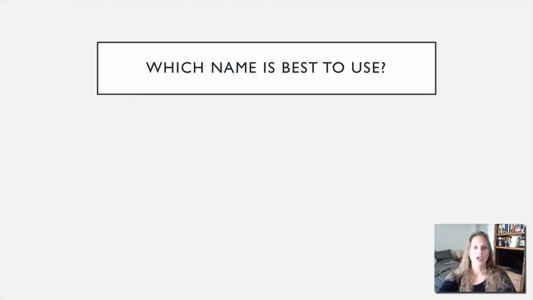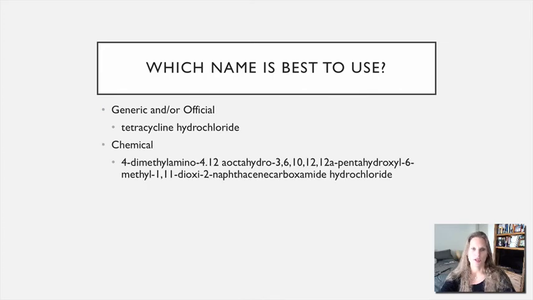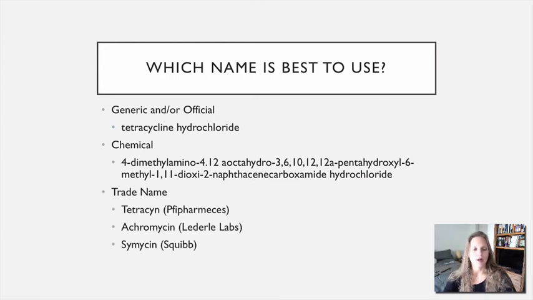Okay, so what name is the best one to use? Most people would agree that the generic and or the official name is the best one to use because it's usually the most familiar. The chemical name, obviously that's not the best one to use because that's just way too difficult to remember. And the brand names, yeah, you can use if you are trying to get a specific drug for whatever reason that might be.